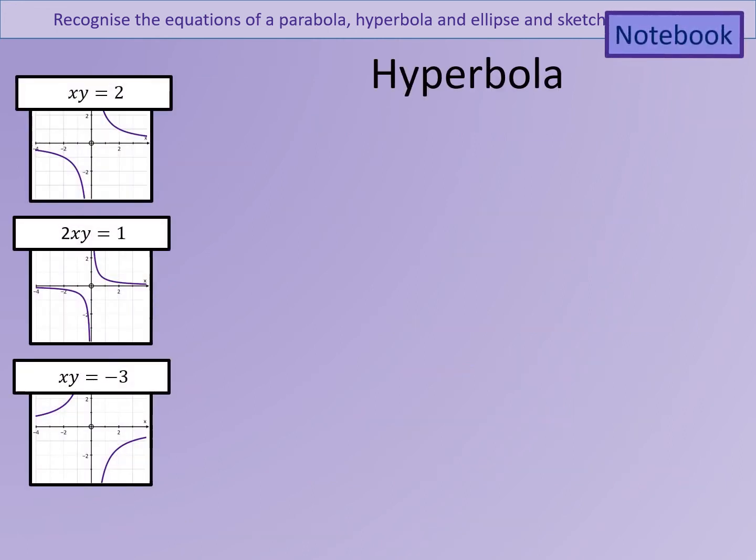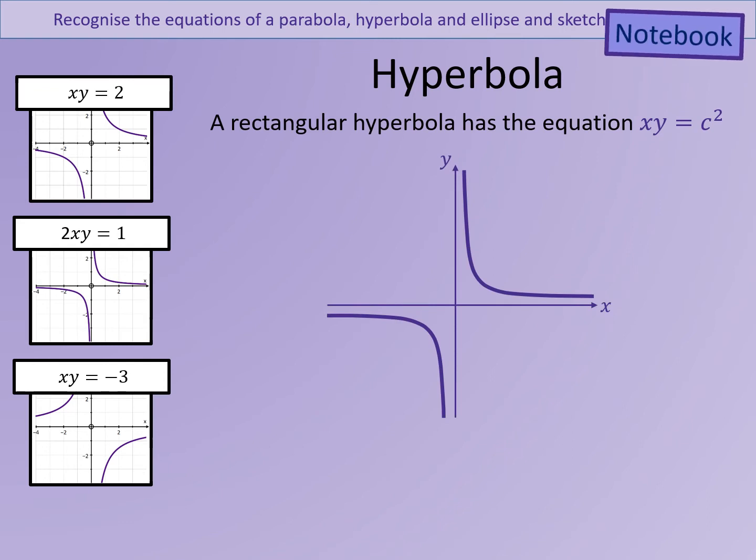We're now going to look at the equation of a hyperbola. As we previously mentioned, there are two types of hyperbola to look at. The first one is the one that has a vertical and a horizontal asymptote. This is a rectangular hyperbola, so generally speaking, a rectangular hyperbola has the equation xy equals c squared.